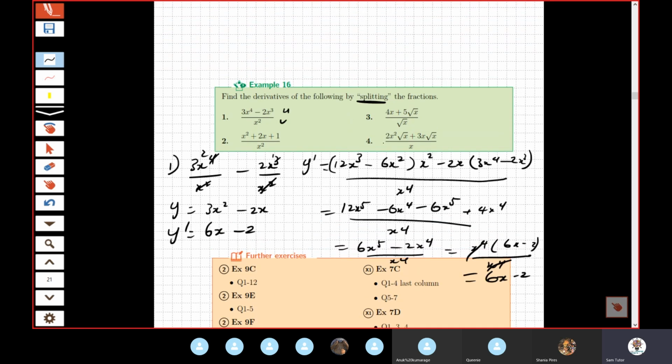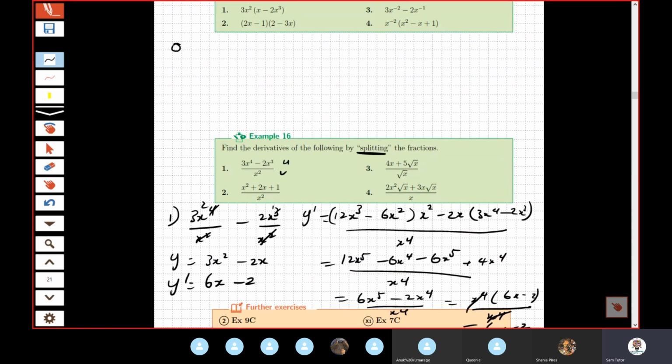All right, I'll just do question 4 up here. y equals 2x squared root x on x plus 3x root x on x. Okay, if I've got an x on the bottom now, I can just cross out this and this, and this and this.